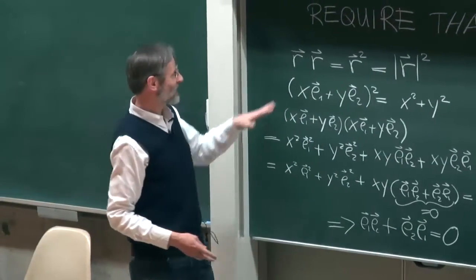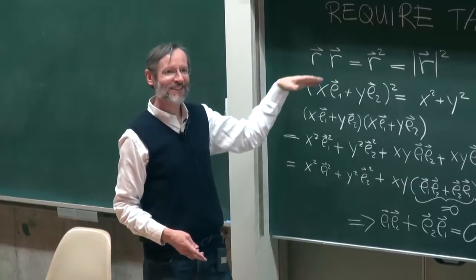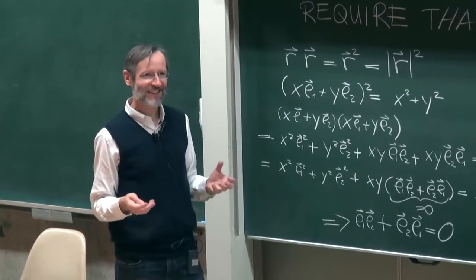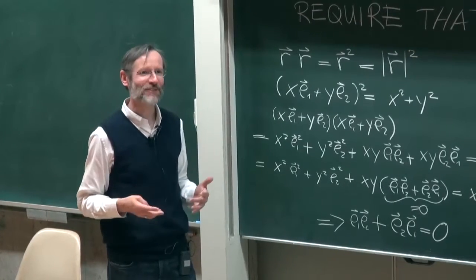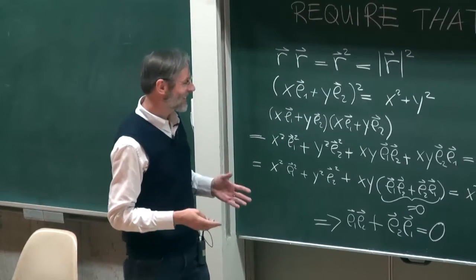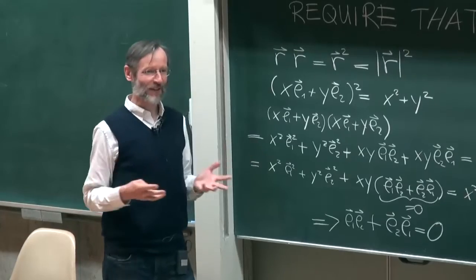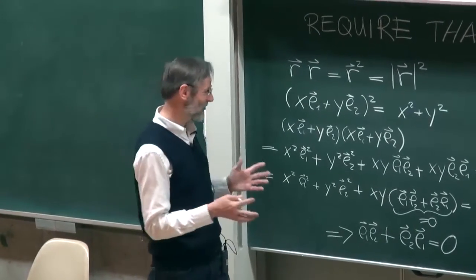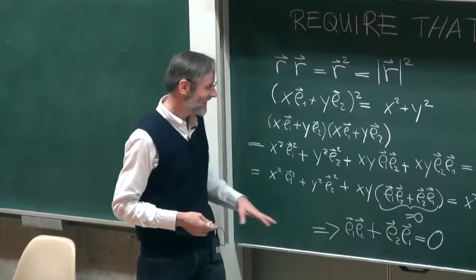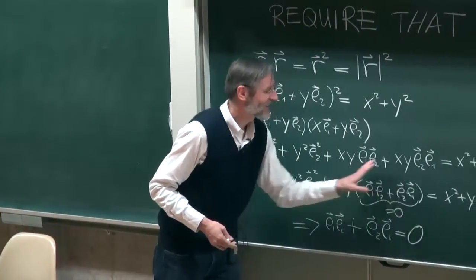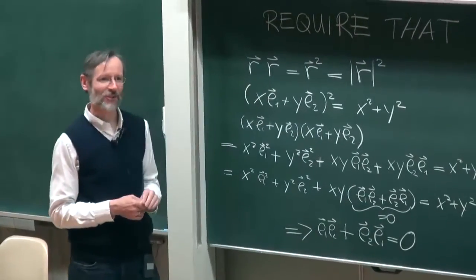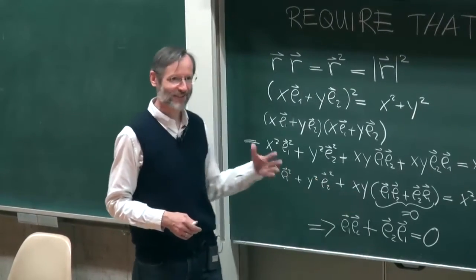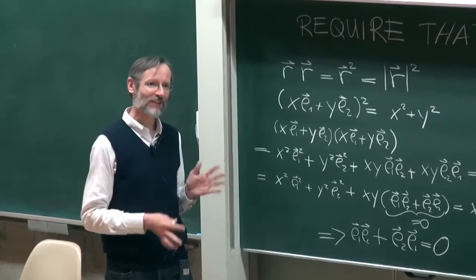So as a consequence of our requirement, if this should be mathematically and philosophically consistent, if it should agree logically, then this term here must be 0. And the x in general is not 0, the y in general is not 0, these can be any real numbers.